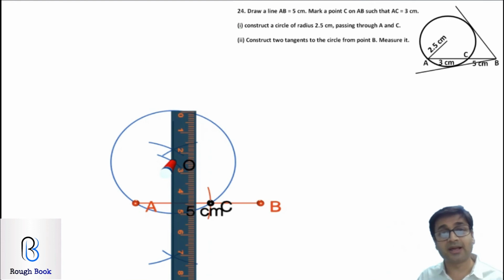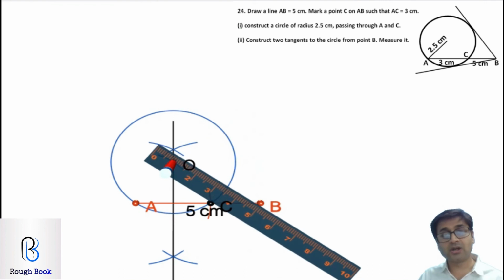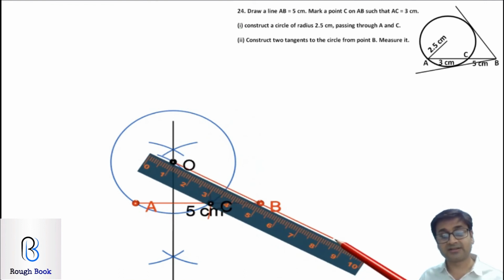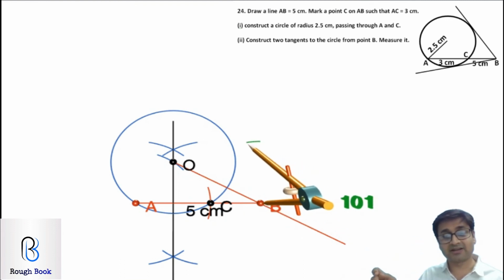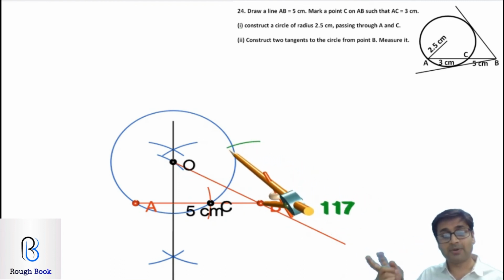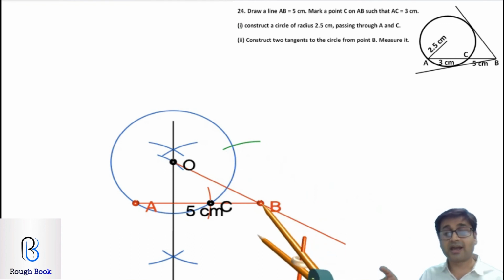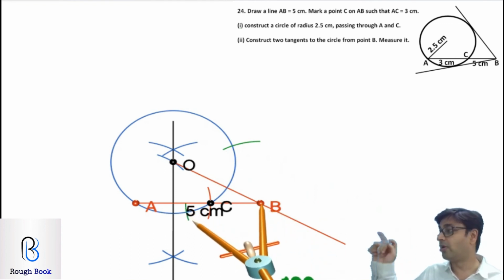So basically make OB your diameter. So joining OB first, extend it slightly, then from B take more than half and go up and down. Likewise you will go on the other side from O as well.